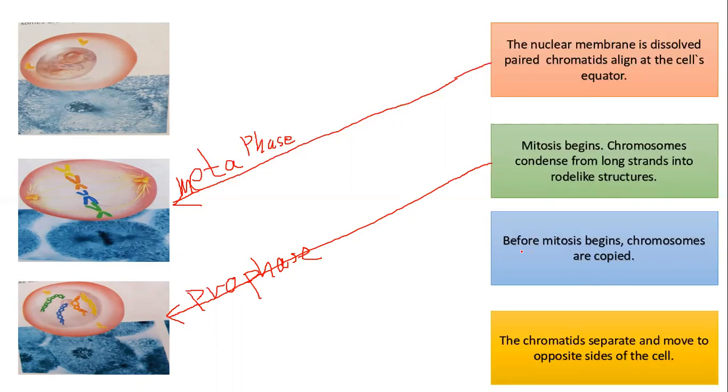Next sentence, before mitosis begins, chromosomes are copied. We have two sentences now. Chromatids separate and move to the opposite side of the cell. So this is the remaining picture. Is there chromatids separated and moving to the opposite side in this picture?